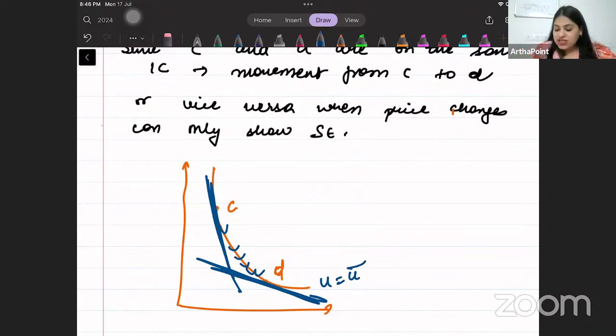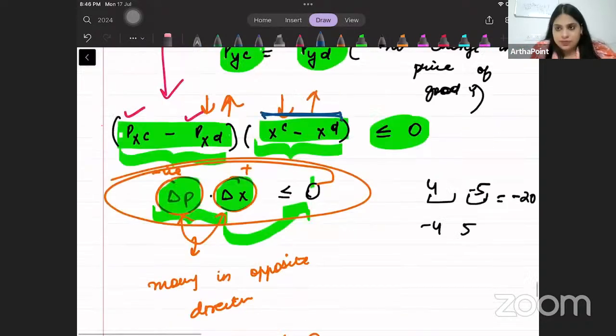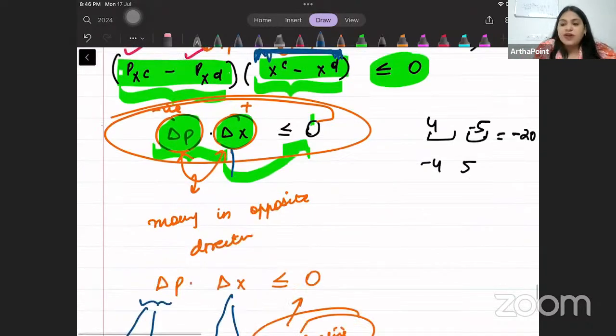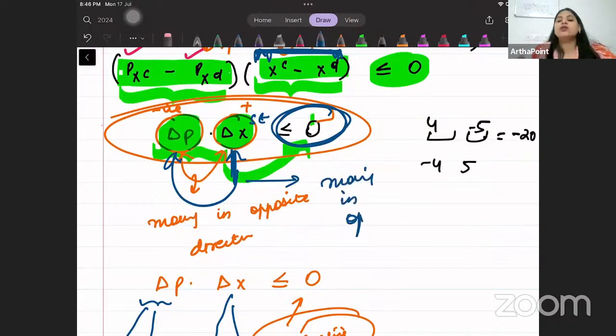So the change in this X, the gap between moving from C to D, only shows the substitution effect. And the product of the changes in prices and demand has been proved to be less than 0. It means that they are moving in opposite direction.